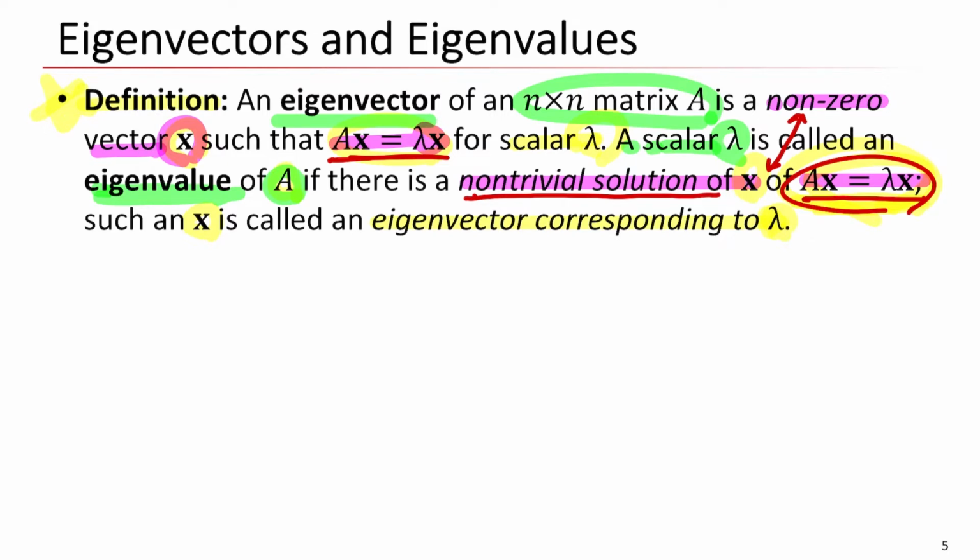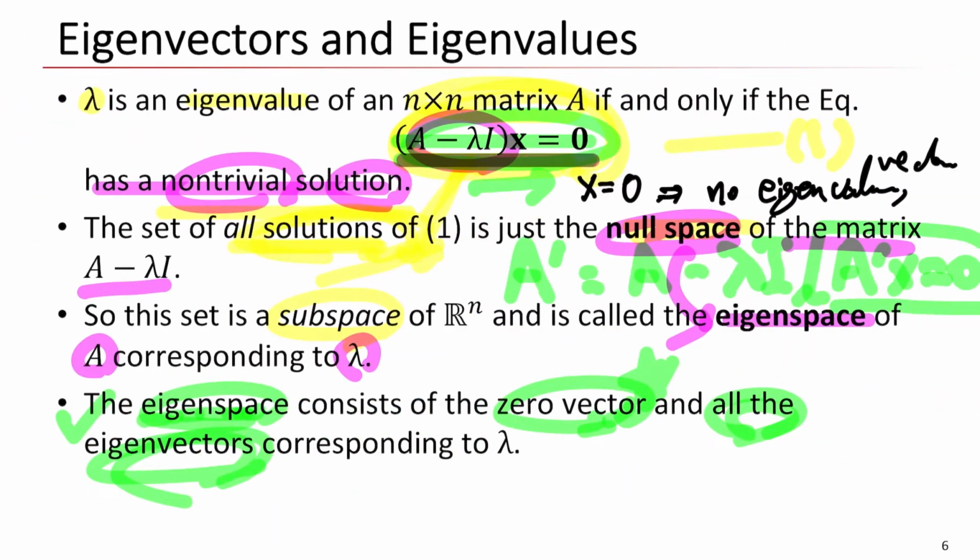When you see this equation, if x is equal to 0, that will satisfy it, right? So it would be the trivial solution, x equals 0, but we want to find the non-trivial solution where x is not equal to 0. In this case, it will be the eigenvectors and eigenvalues.